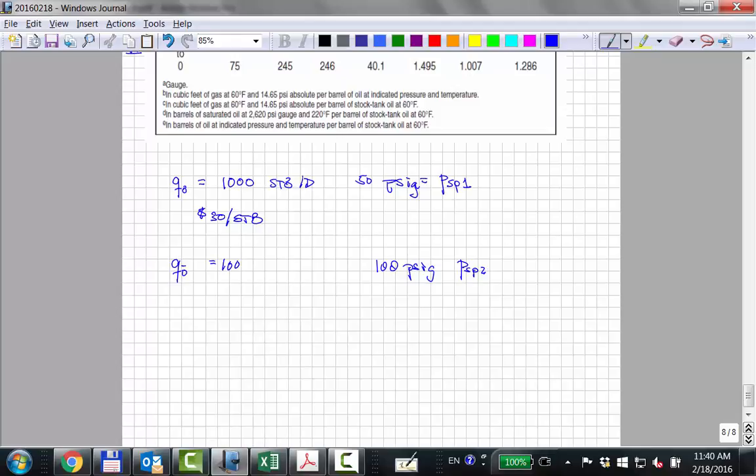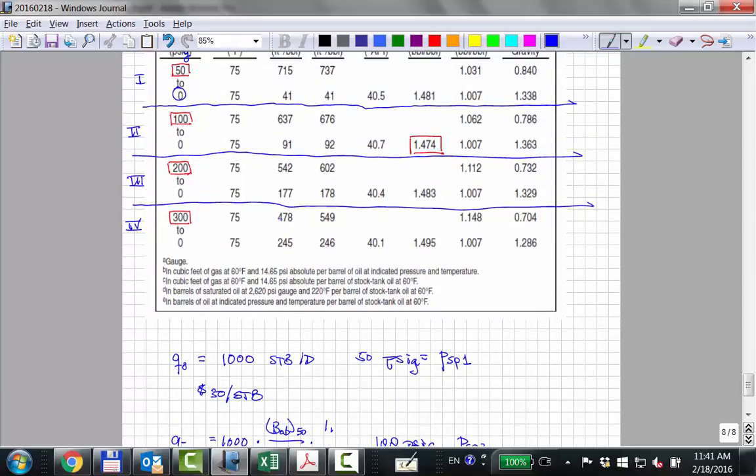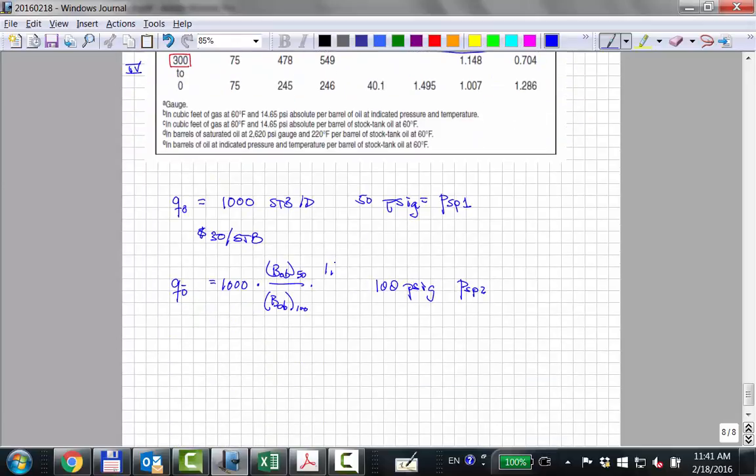Should be 1,000 times the Bob for the 50 psi over the Bob for the 100. We agree on that? So that's 1.481 over 1.479.